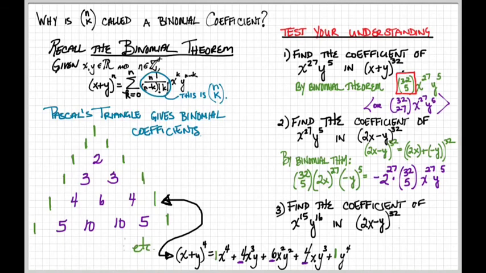In this case, we will still have 32 choose 5 as the coefficient, but we're raising the first term, which is 2x, to the 27th power, and the second term, which is negative y, to the 5th power. So we really do have to pull out 2 to the 27th and negative 1 to the 5th. Well, negative 1 to the 5th is negative 1, so we get negative 1 times 2 to the 27th times 32 choose 5, and that ends up being our coefficient.